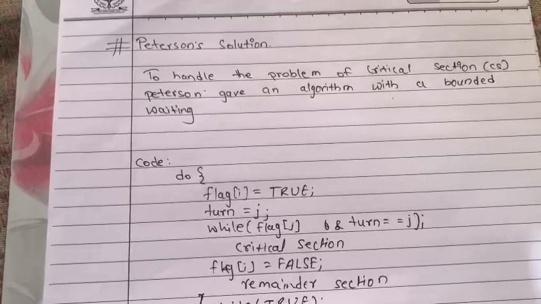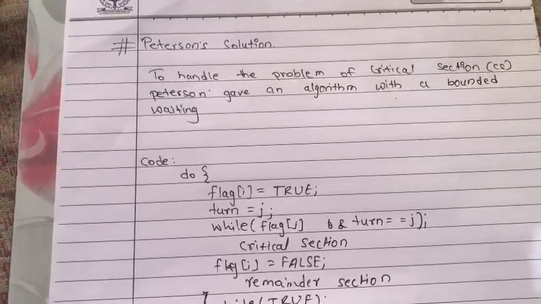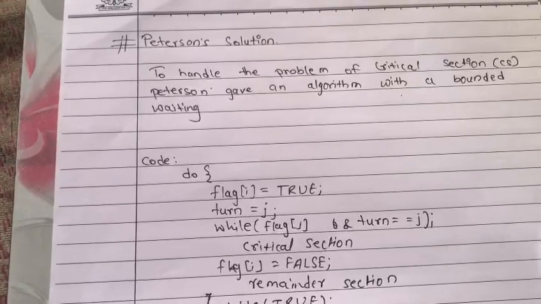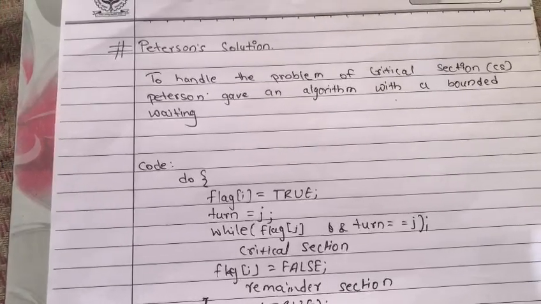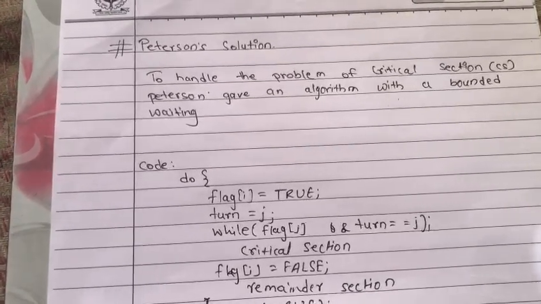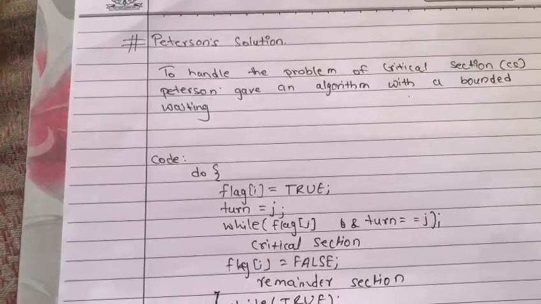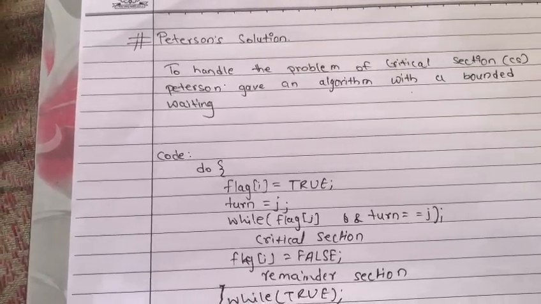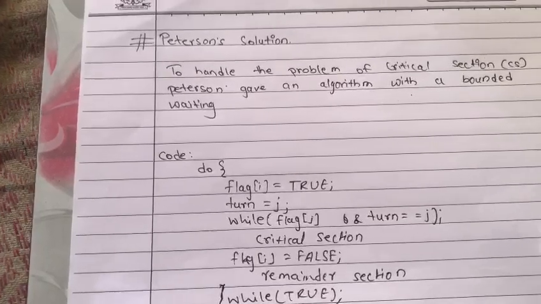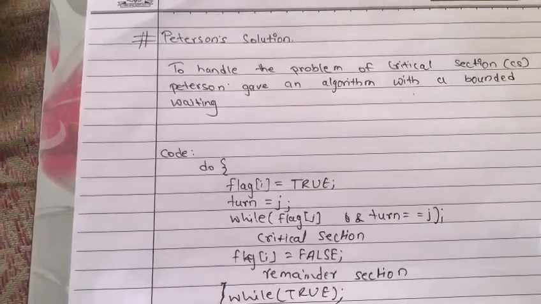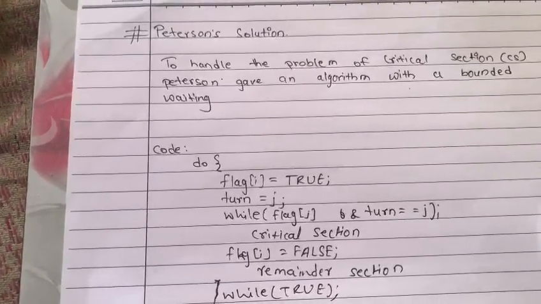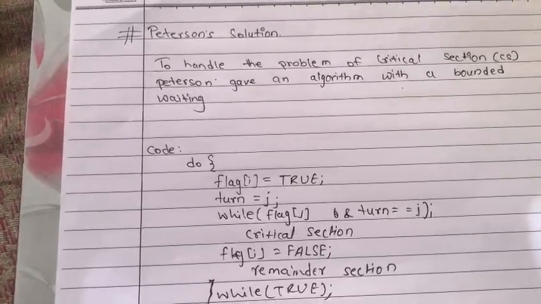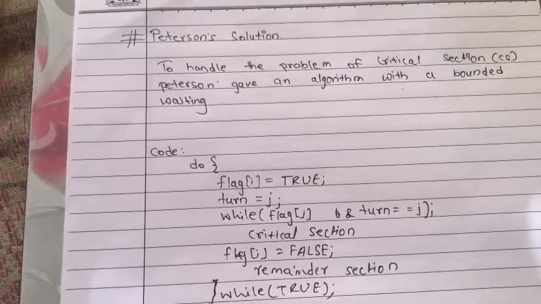Suppose there are n processes P1, P2, ..., Pn, and each of them at some point needs to enter the critical section. The flag array of size n is maintained, which is by default false, and whenever a process needs to enter the critical section, it has to set its flag as true.